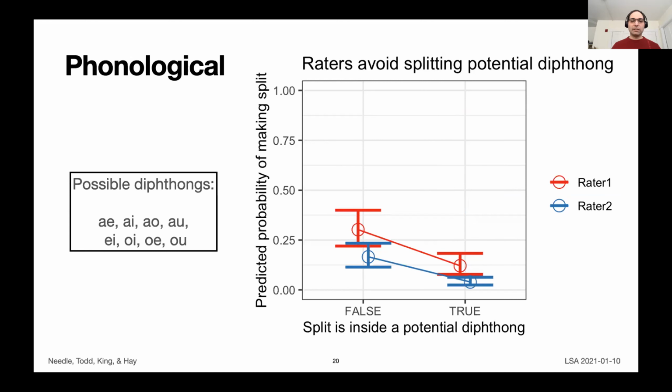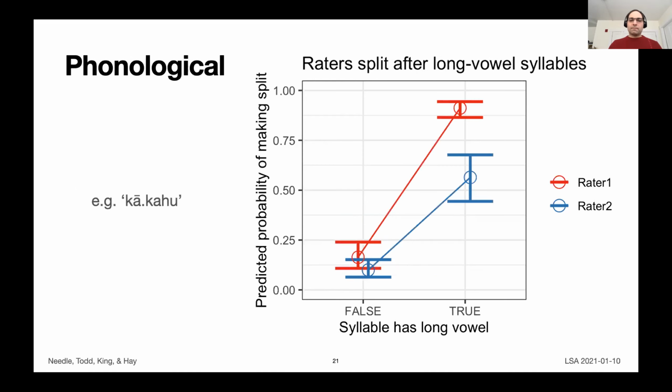Raters also avoid splitting a two-vowel sequence when that sequence could be a valid diphthong. So these are the 8 possible diphthong orthographies. Both raters also tend to split after a long vowel syllable, as in kākahu. And I really have to apologize for my pronunciation, but that's roughly what we're looking at.